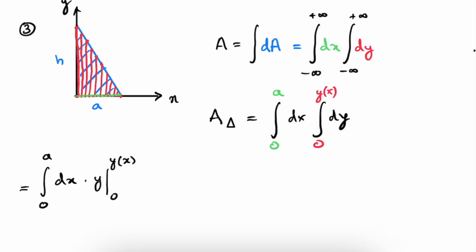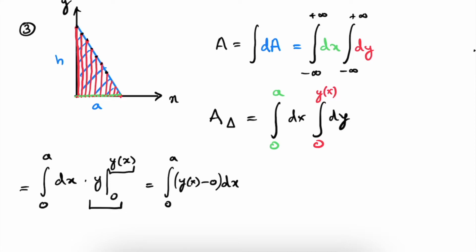And again, this y of x is simply this value along this steep curve of the triangle, which decreases as x increases. So this simply becomes the integral from 0 to a of this function, which also depends on x. So we put dx right here, and we have y of x, the upper boundary, minus 0.